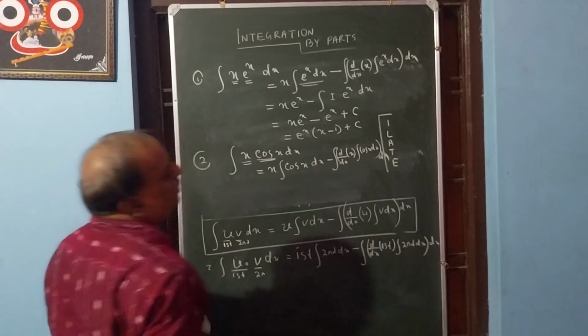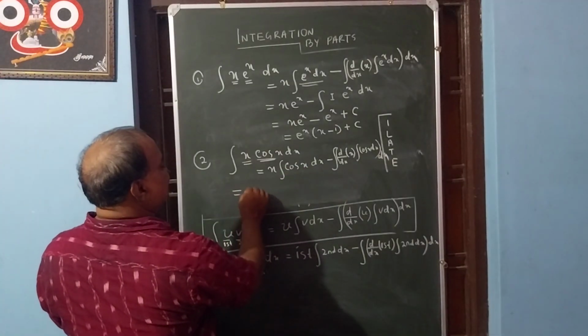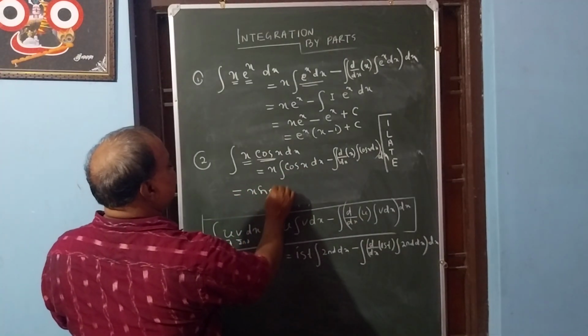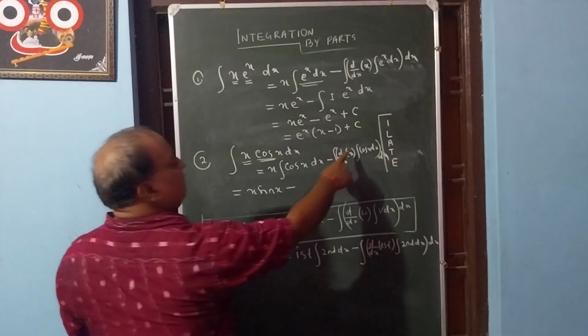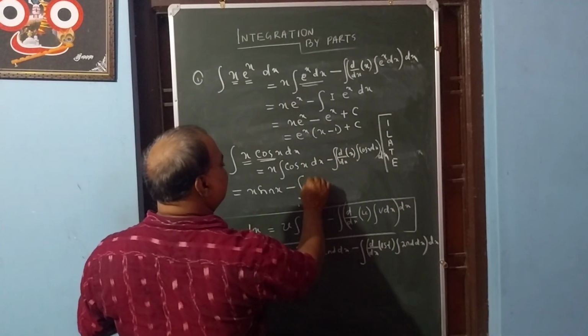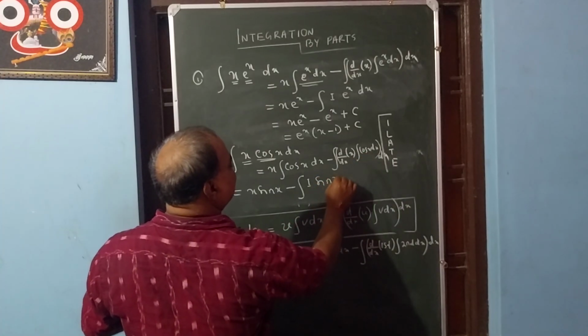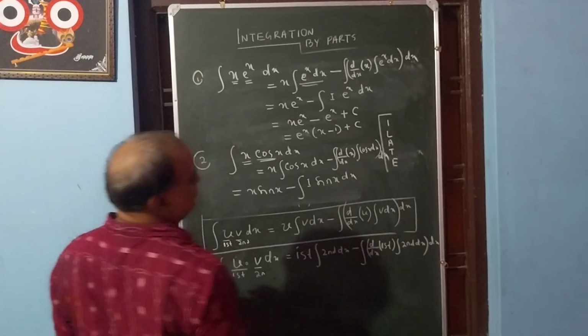dx. Okay, so now the integration of cos x is sin x, minus the derivative of x, that is 1. Integration of the derivative of x is 1. Then the integration of cos x, that is sin x, whole into dx.